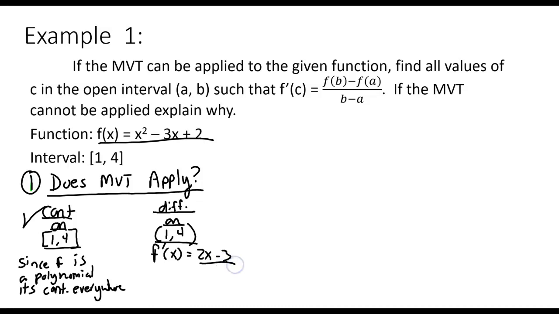And that's also a polynomial. So since f prime is a polynomial, it is also continuous everywhere. And if the derivative of f is continuous everywhere, that means that f is differentiable.